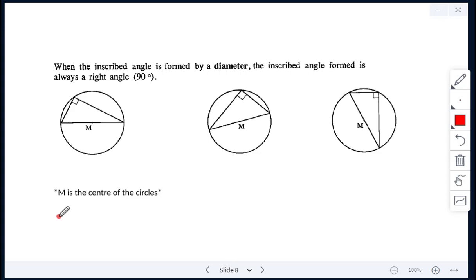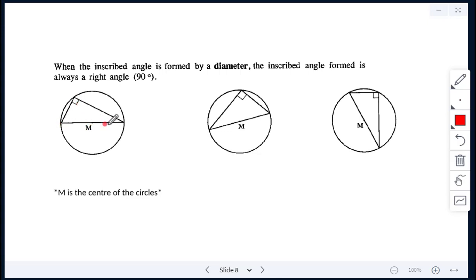The next property or rule here is that when the inscribed angle is formed by a diameter, the inscribed angle will always be a 90-degree angle. Notice here, it's the diameter, going right through the center. So therefore, this inscribed angle will be 90 degrees.